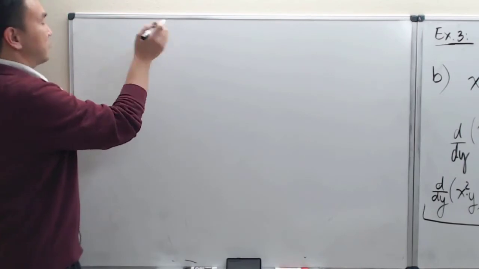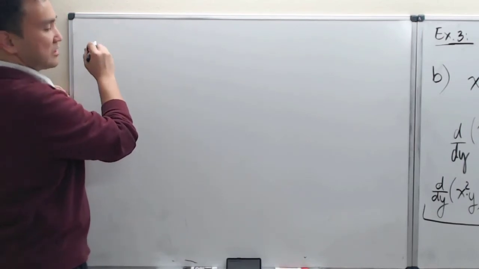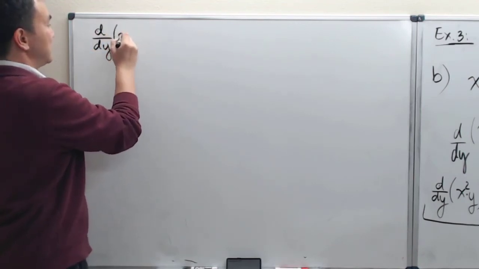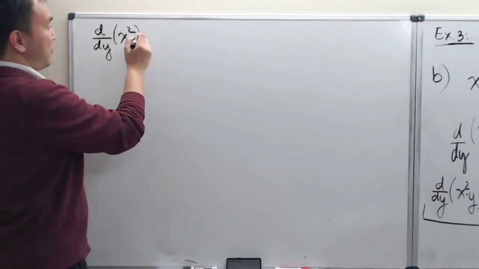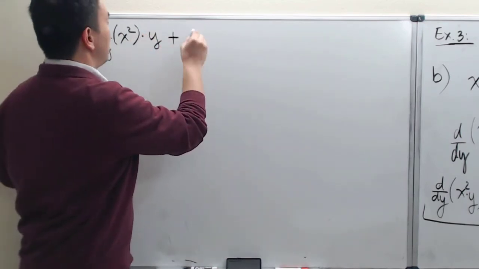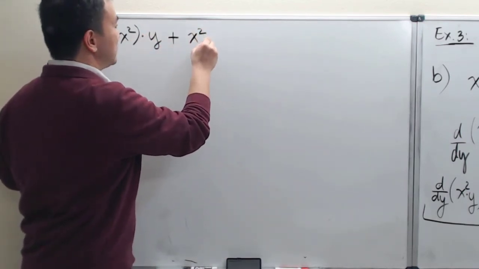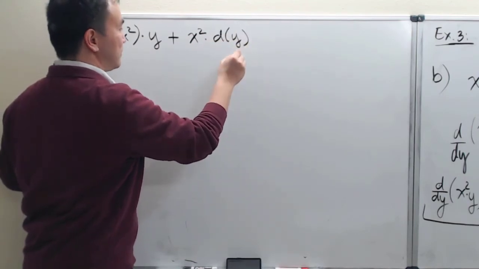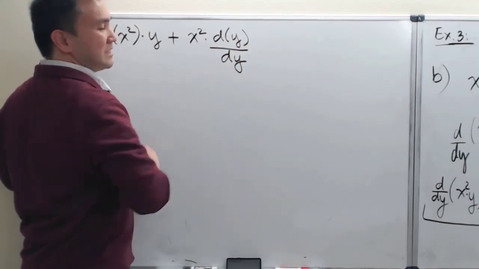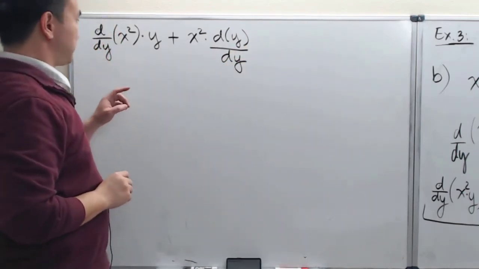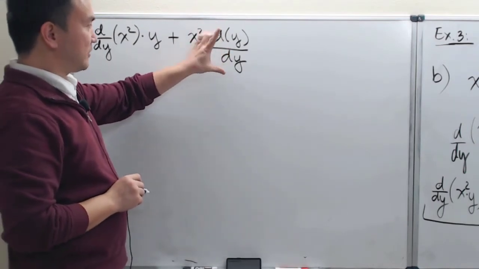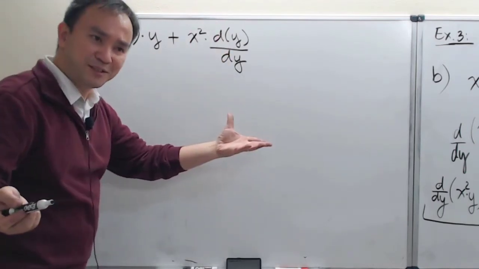The product rule says we have to find the derivative in terms of y of the first factor and multiply with y, plus, now we're going to leave the first factor the same and multiply with the derivative of the function y in terms of the y variable. That one's easy, because it's already explicitly defined.